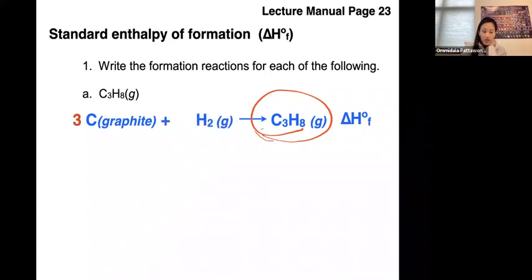As we see, because we have 3 carbons, I'm going to add a coefficient of 3 in front of the carbon graphite, and because we have 8 hydrogens, I'm going to add 4 in front of the hydrogen molecule, in order to make 1 mole of this. So again, by definition it is the heat involved with making 1 mole of this substance.